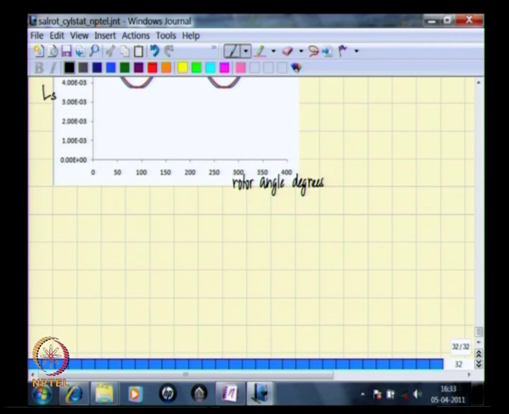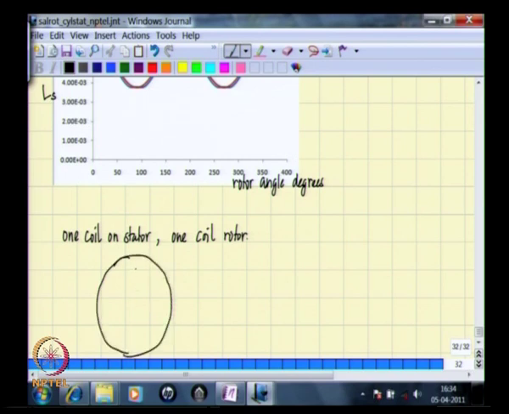The elementary electrical machine that we considered had one coil on the stator and one coil on the rotor. If you remember, the first geometry that we considered was a cylindrical stator and a cylindrical rotor as well.